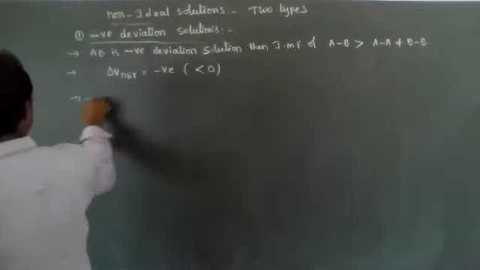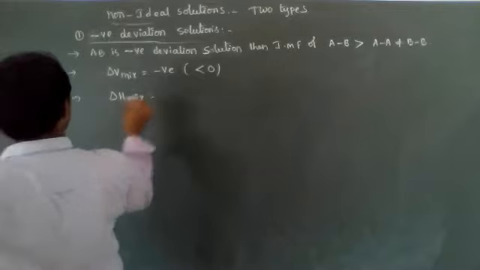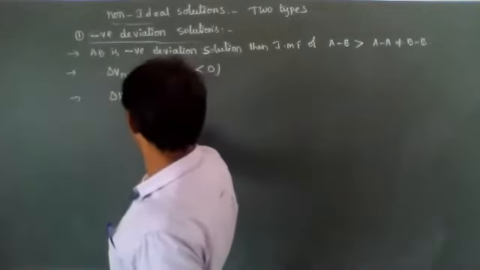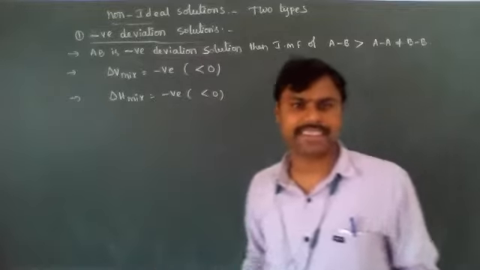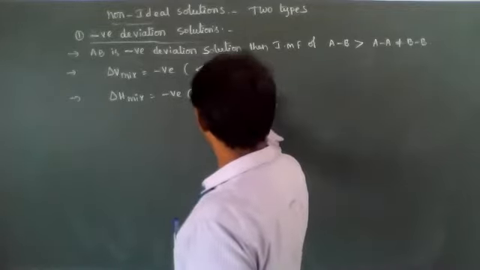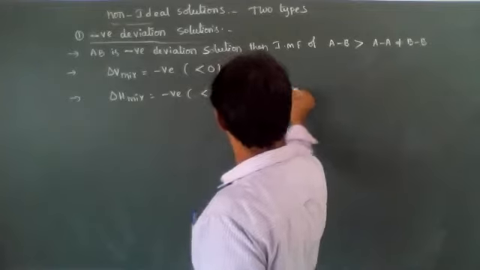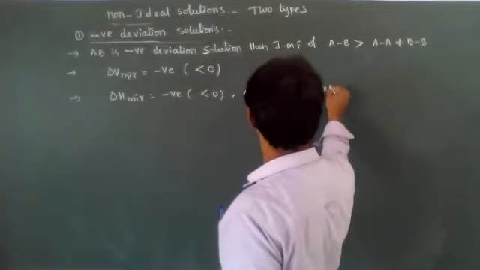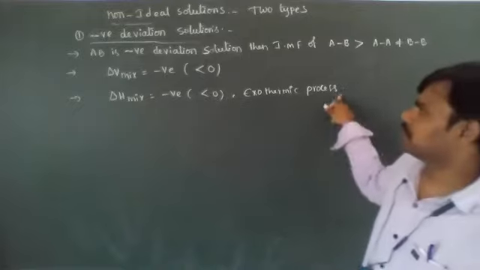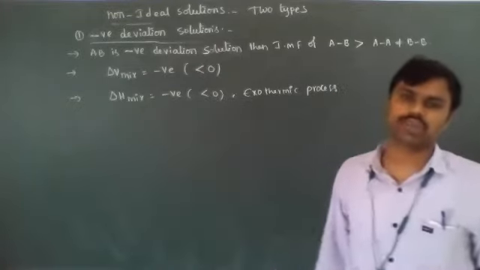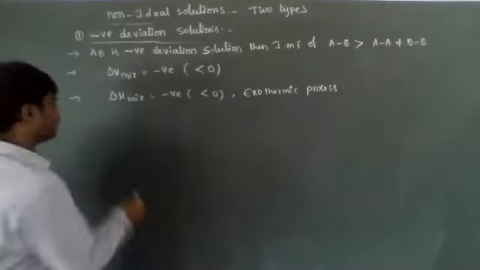And delta H mixture is also negative, less than 0. If delta H is negative, it is an exothermic process. This exothermic process is for negative deviation solutions. So the resultant volume decreases.